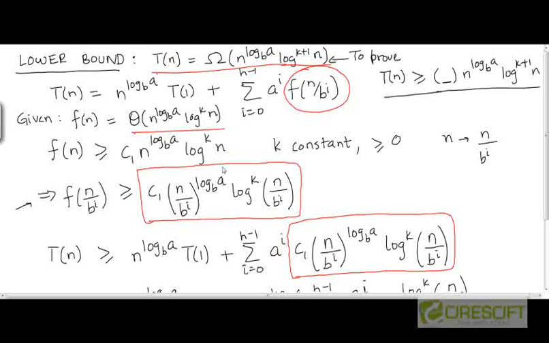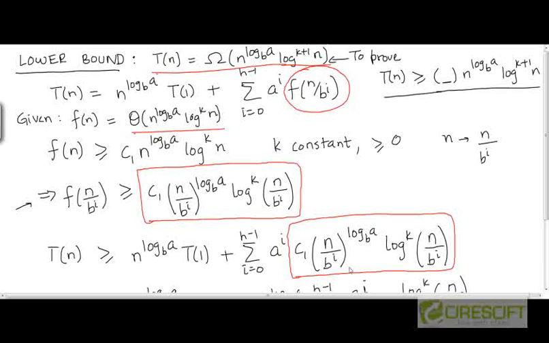And why did we focus on a lower bound? Because we could take this lower bound and replace this f of n by b to the power i by its corresponding lower bound. And by doing so, we got T of n is greater than or equal to this expression, with the lower bound replacing f of n by b to the power i.